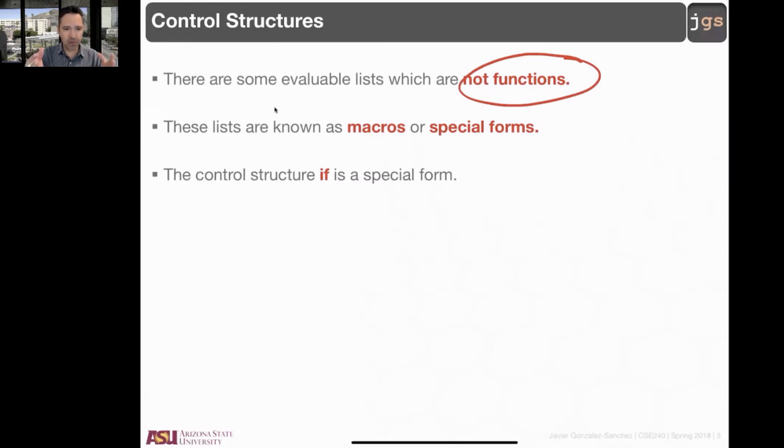But just to give you the theoretical background, the control structures, the ones that we're going to review, are called macros. Just in case you read that term in the book or in some source, they are not considered functions.